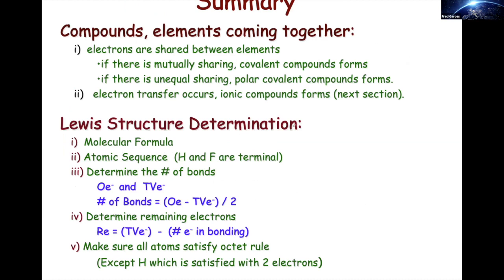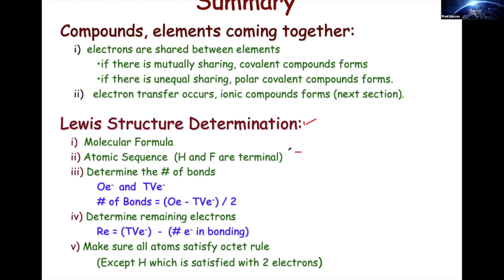If you're going to do Lewis structure, and the chemical is complicated enough that you can't do it by inspection, then please practice the bond table approach, because the bond table approach will always tell you how many bonds in the structure, how many lone pairs in the structure. You need to figure out what the connectivity sequence is.